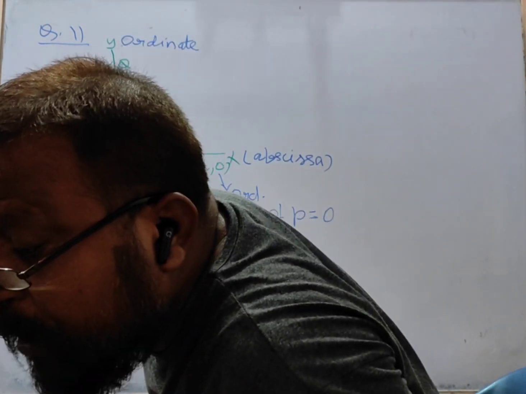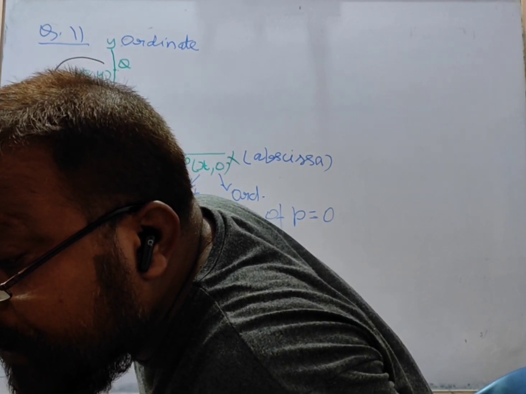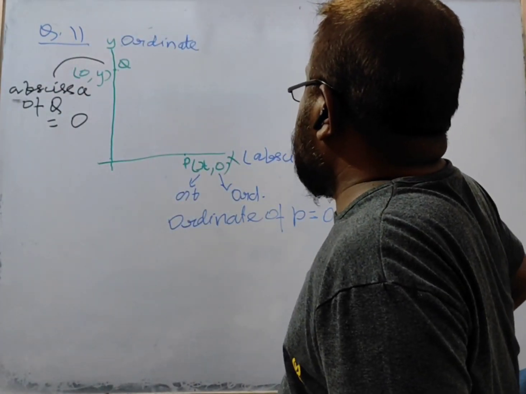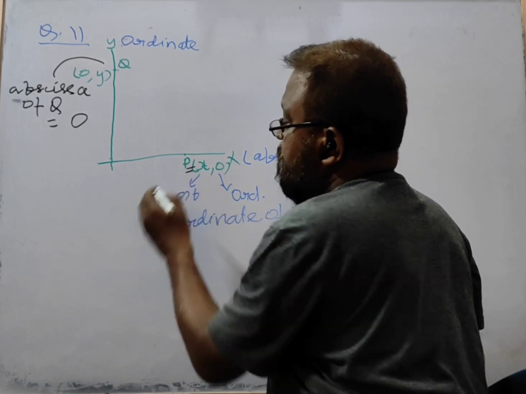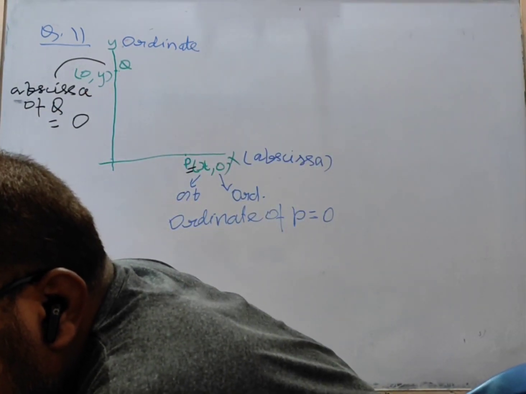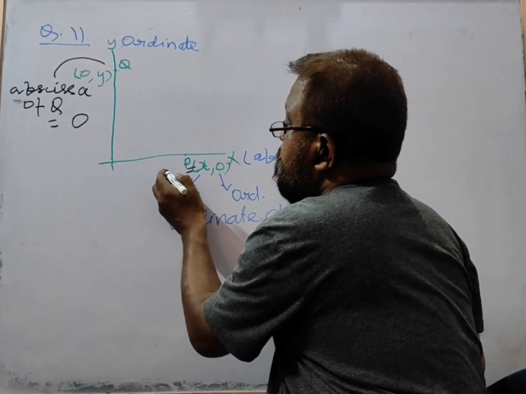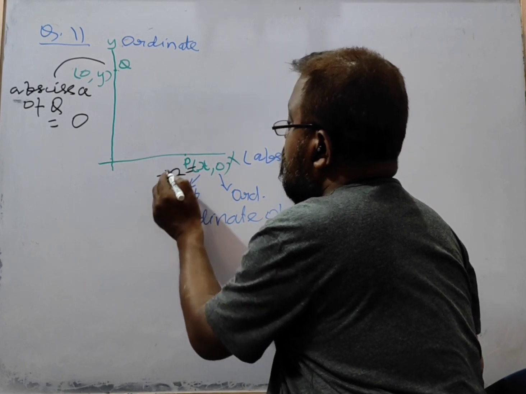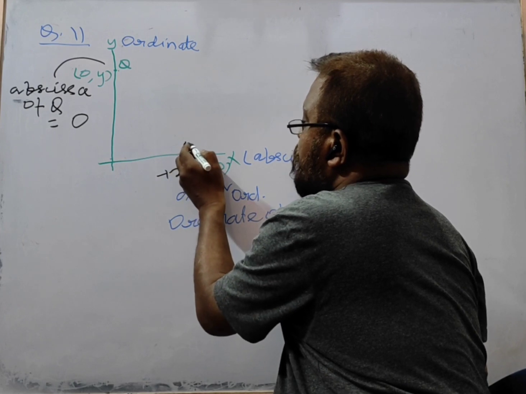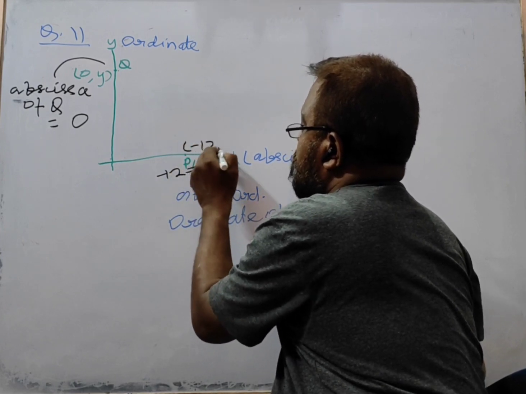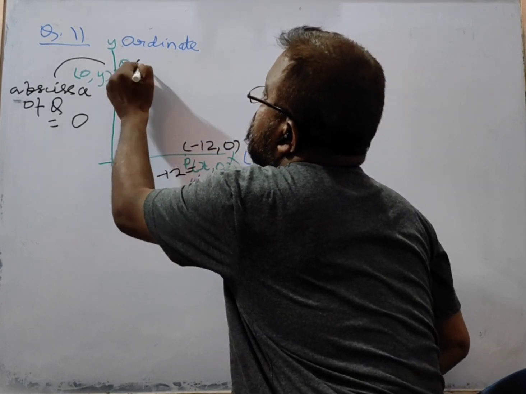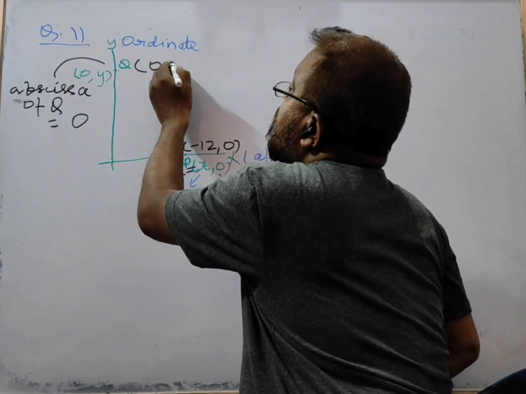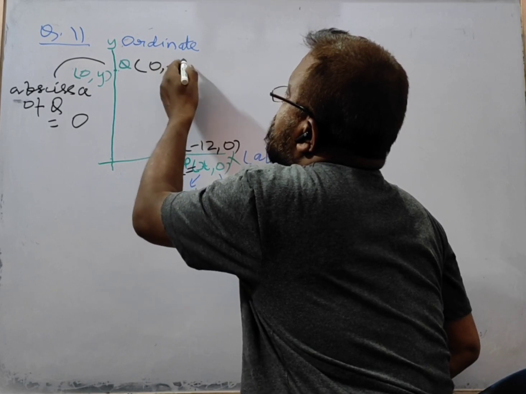Getting it? Now, if the abscissa of P is minus 12 and the ordinate of Q is minus 16, meaning x is minus 12, the coordinate of this point is minus 12 comma 0, and the coordinate of Q is 0 comma minus 16.